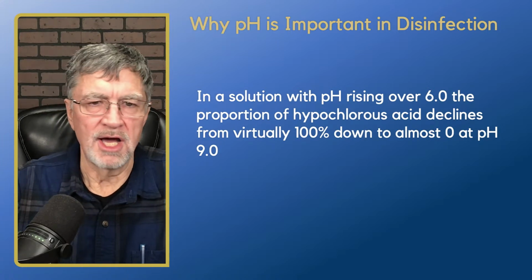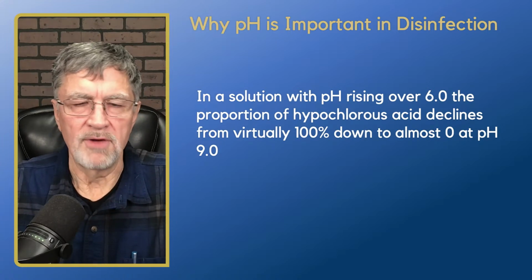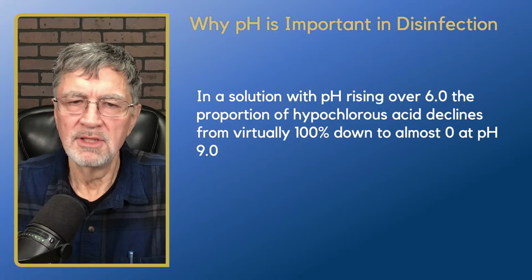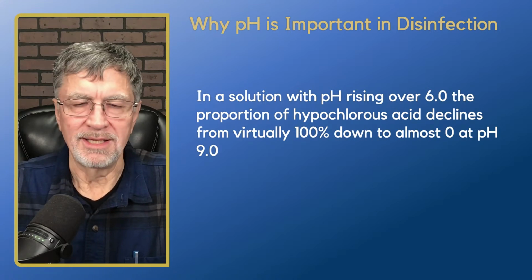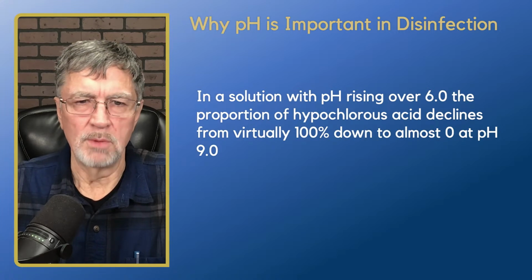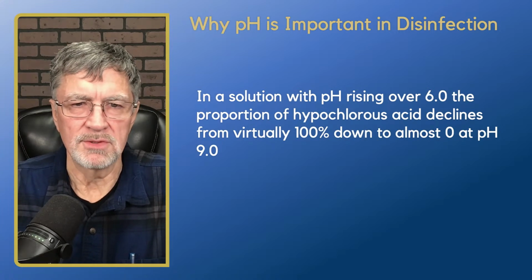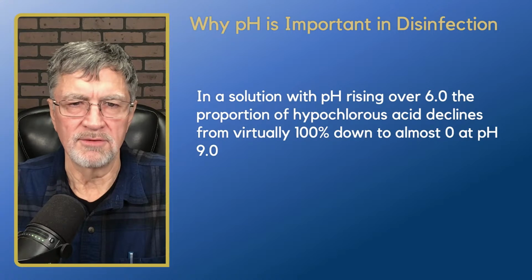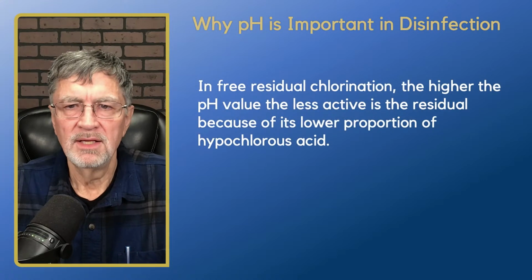So it pretty much does not exist, and the effectiveness of your disinfection really tanks. Like I say, you might as well be pouring water down there at that point, because you're just not going to get the disinfection effect that you need.